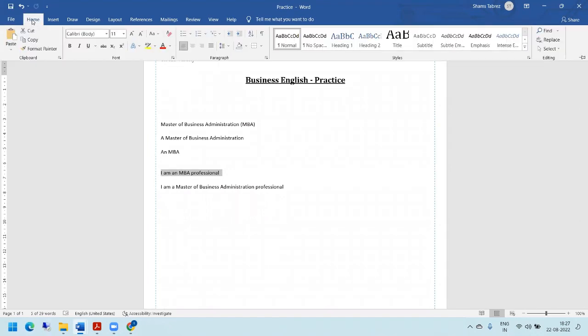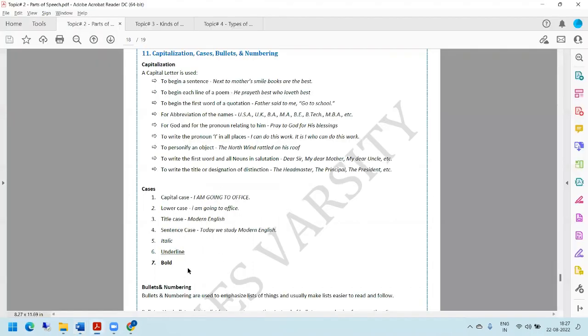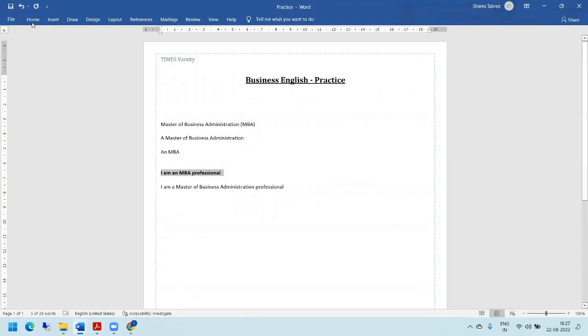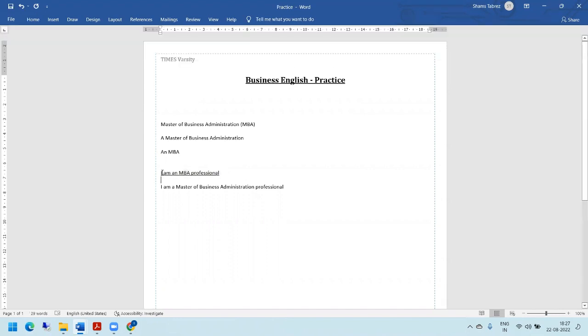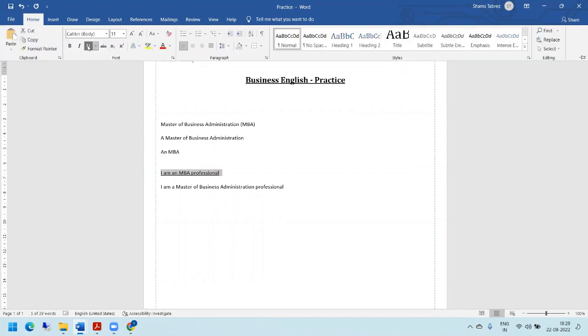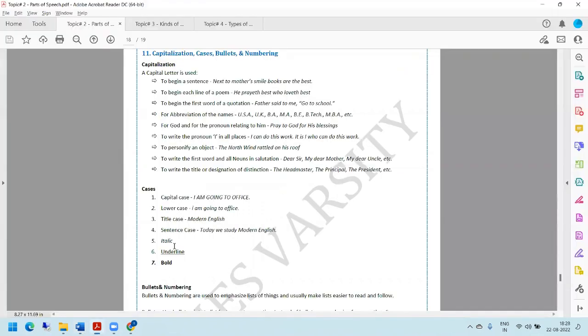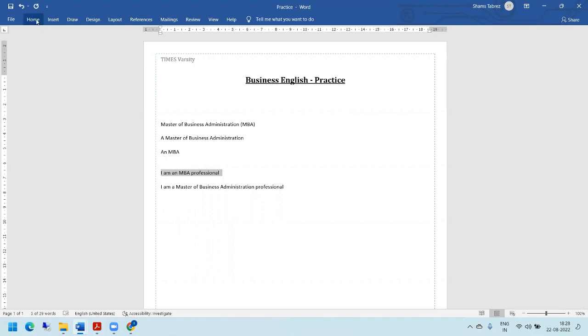I can bold this one. It is called bold. Then we have underline. Let me undo this one. Then it is normal now. This is underline. I can remove underline. And then we have italic, meaning slight tilt.